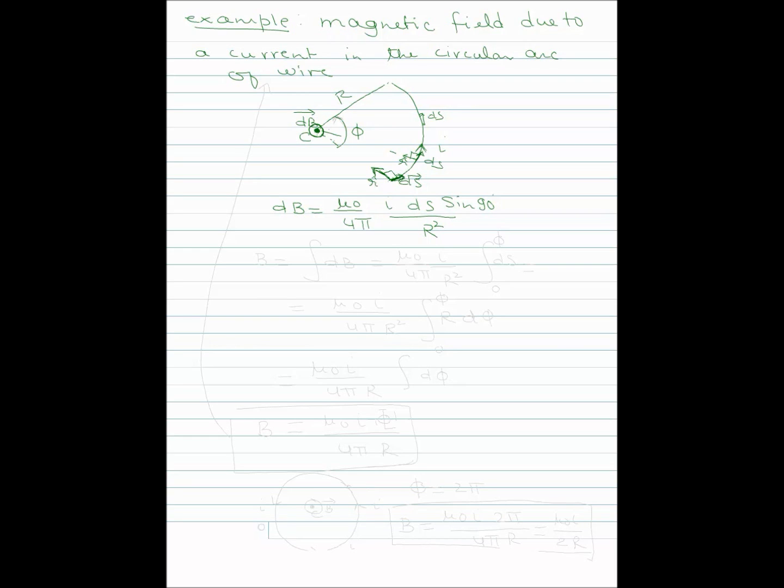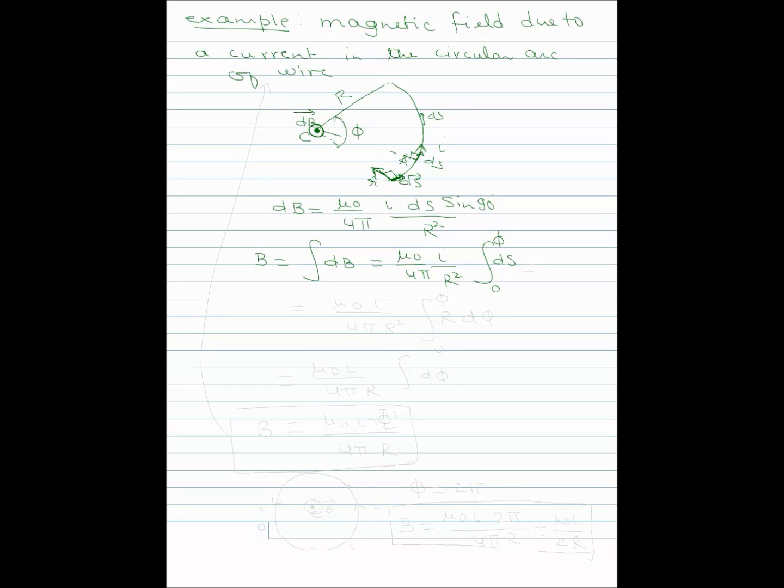So basically the total magnetic field will just be the integral of dB, which is going to be mu 0 over 4 pi I r square. These are all constants, so I'm pulling them out, times integral ds. Notice sine 90 is just 1. And this is integral ds from 0 to phi.